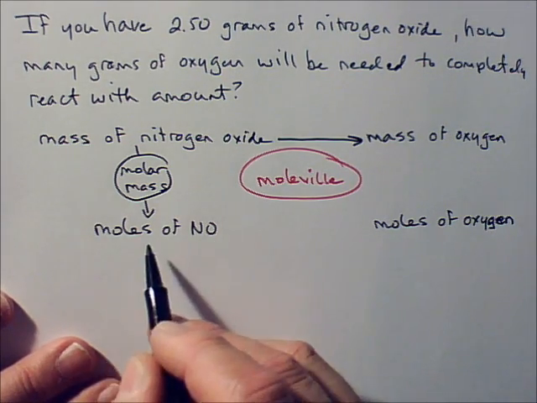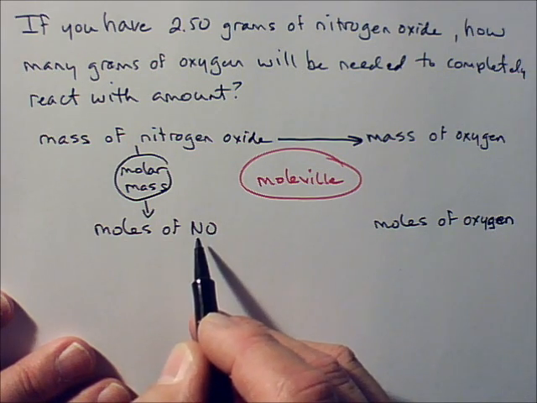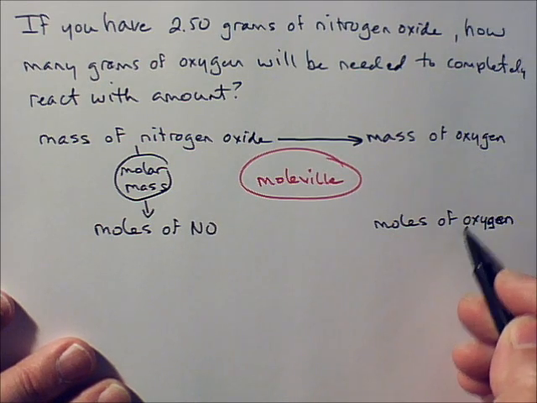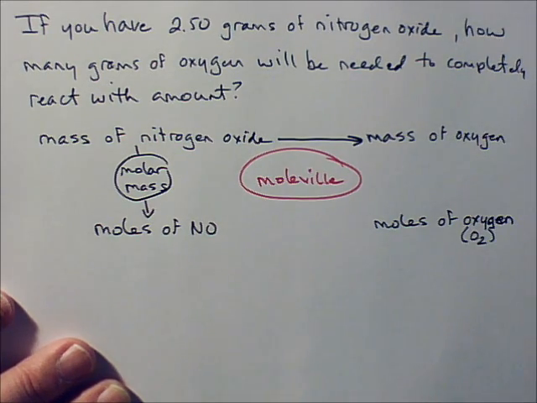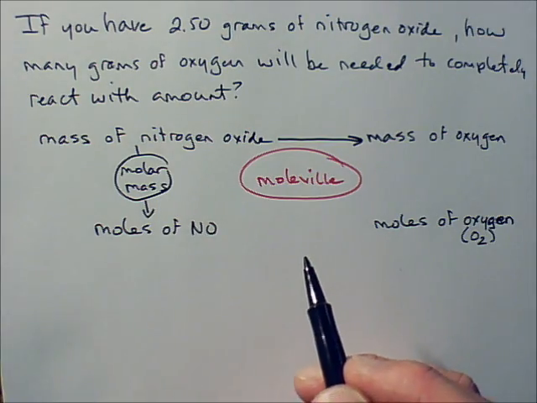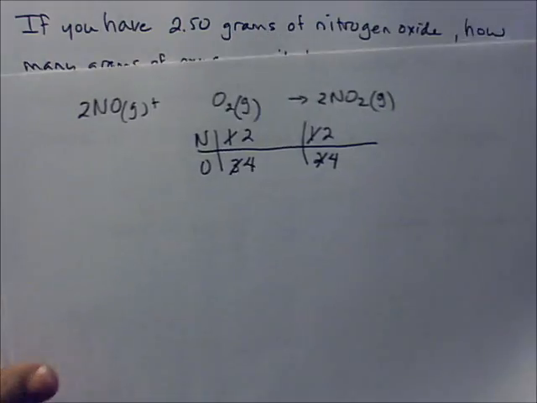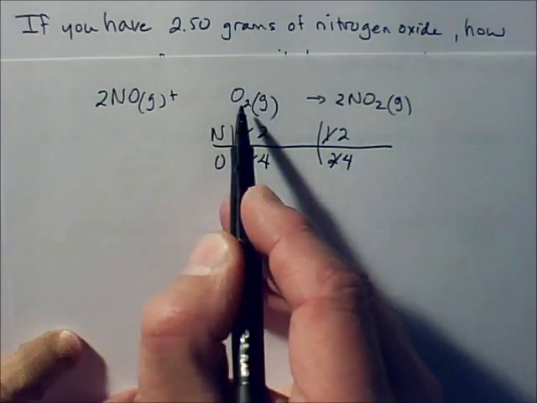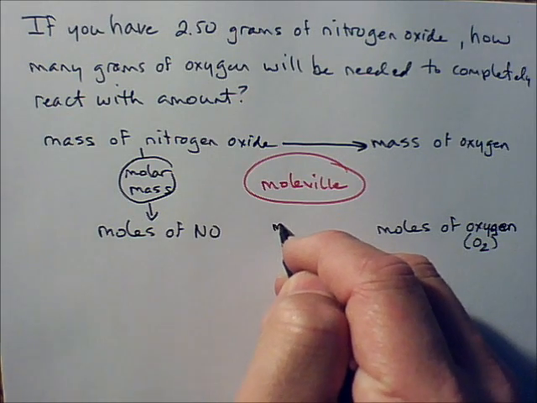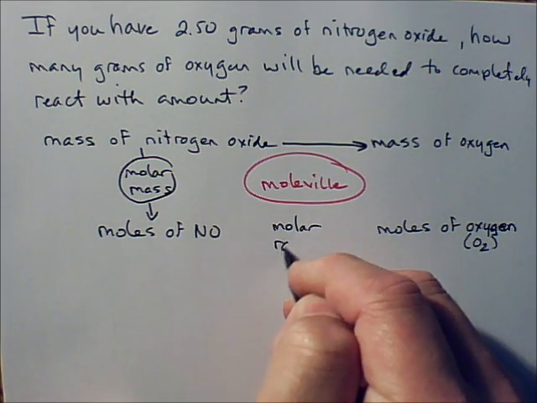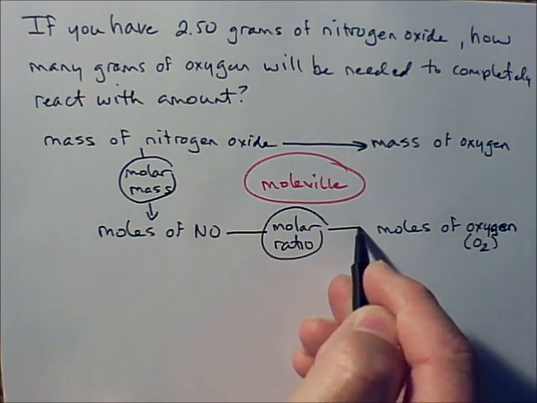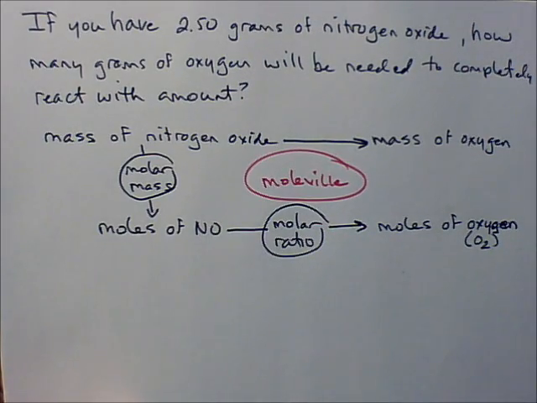When we go from moles of one species to moles of another, NO is one species and oxygen is the other. To go from one species to another, we've got to have a balanced chemical equation, and we use the coefficients in front of those species to write a molar ratio. We go through this molar ratio to get from moles of one species to moles of another.